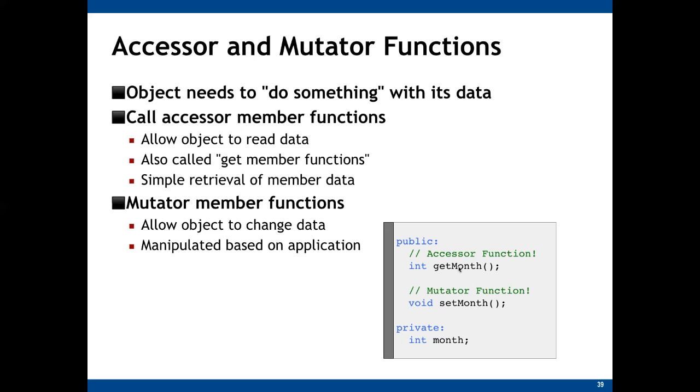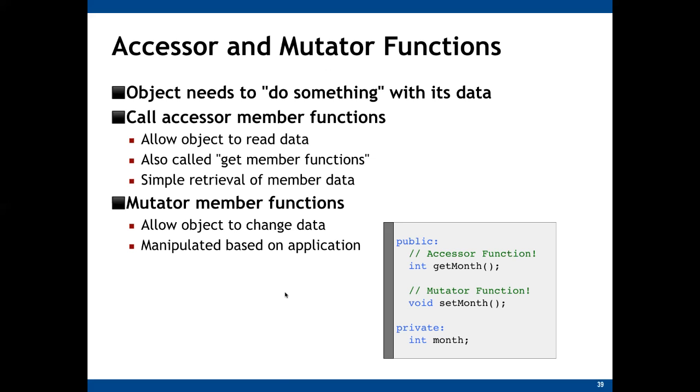And the accessor functions should return something, because the purpose of an accessor function is to obtain values of private member variables. So that's the concept of accessor and mutator.